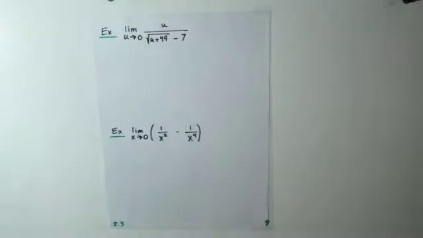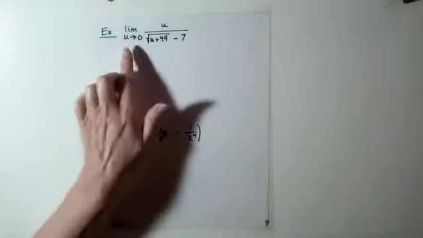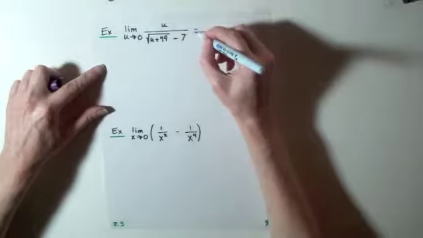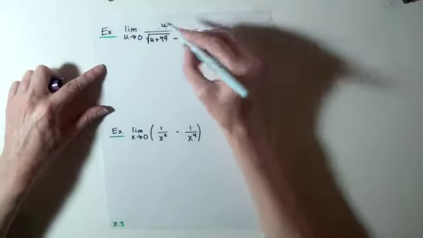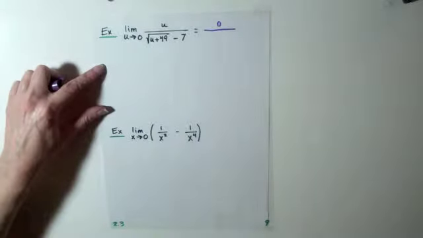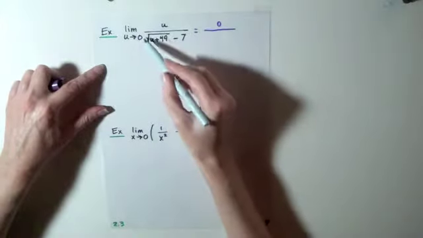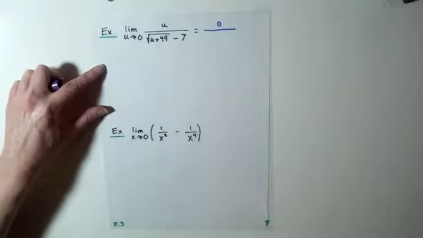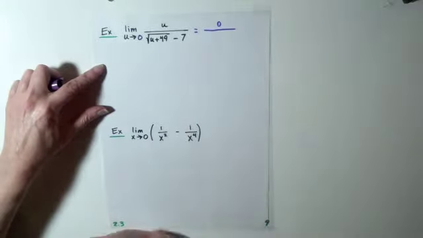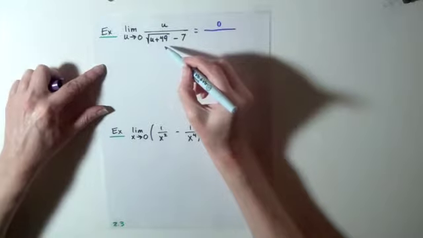So let's go ahead and see if we can see what's happening in the top and what's happening in the bottom as u gets closer and closer to 0. Technically the top is a polynomial, so we can go ahead and just replace the u in the top with what u is approaching, namely 0. In the bottom, it is not a polynomial because we have this square root. It's really a root expression. You can use the difference law of limits and the root law of limits.